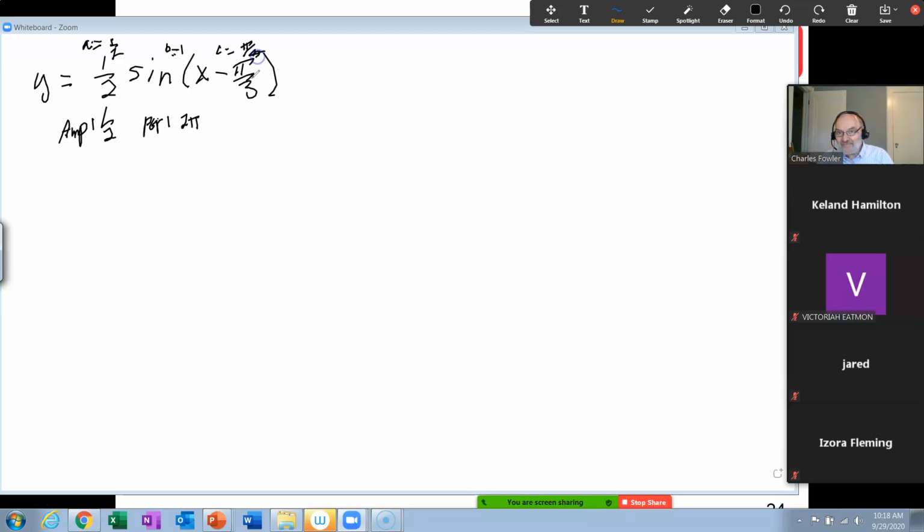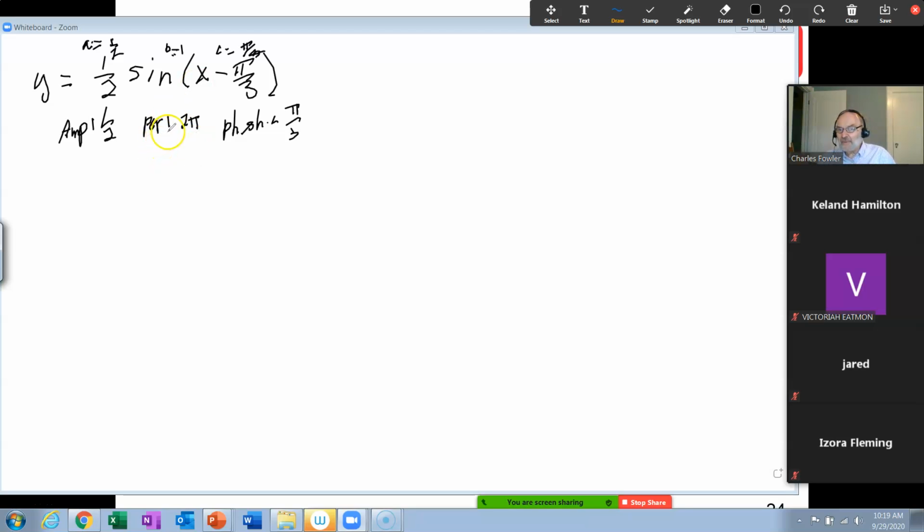Because the B was 1, you don't have to worry about having C over B because that's still pi thirds. So this is called the phase shift. Phase shift is pi thirds. Now that's important. We'll get to that in a minute.